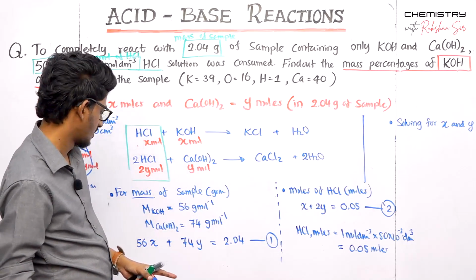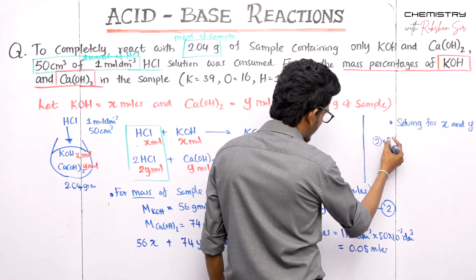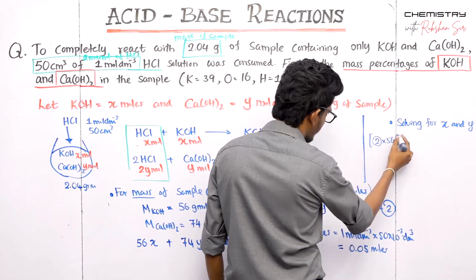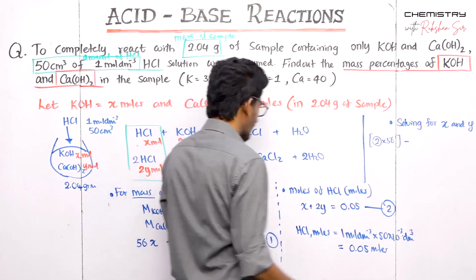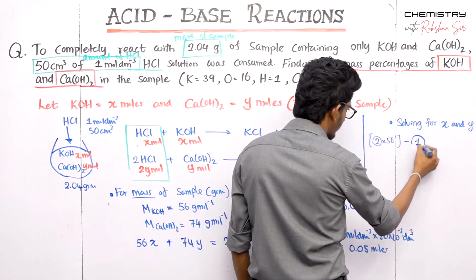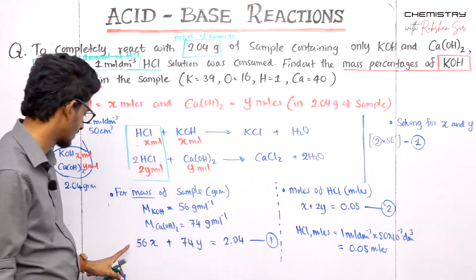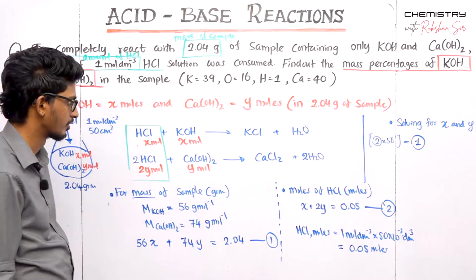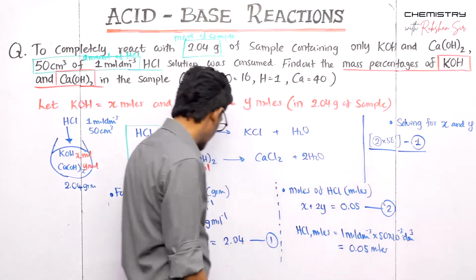So 2 multiplied by 56 minus 1, that will get rid of X. 56X minus 56X will cancel off the X, right? With this mathematical operation, only Y will remain.